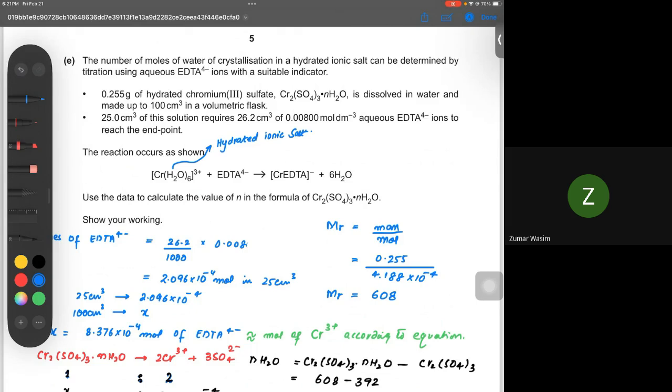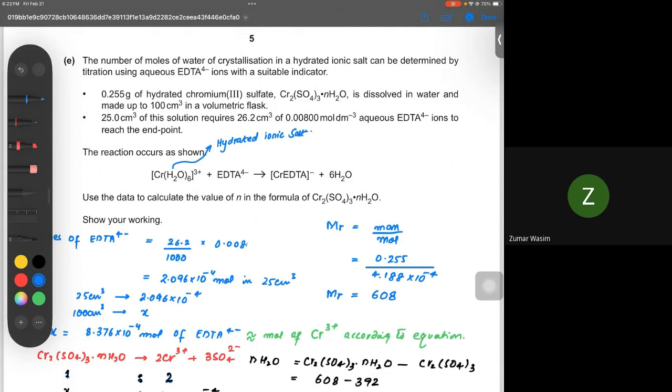0.255 gram of hydrated chromium sulfate, that is this, is dissolved in water and made up to 200 cm cube in a volumetric flask.